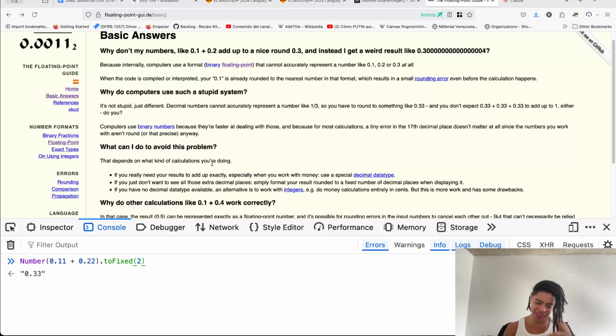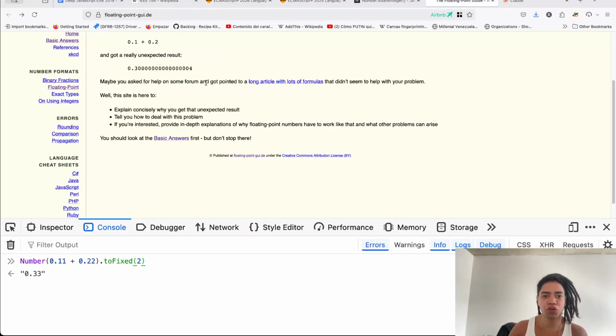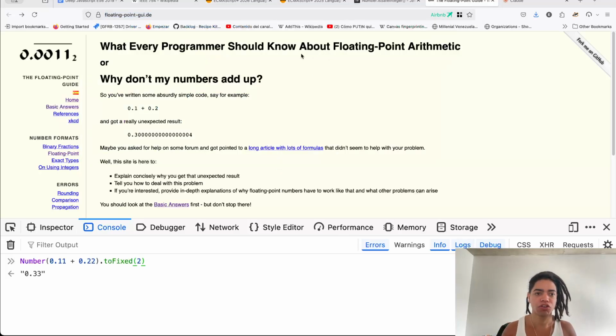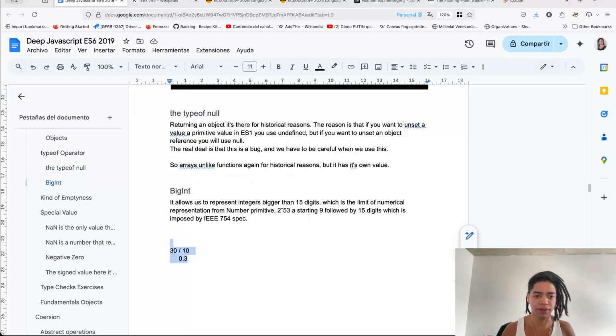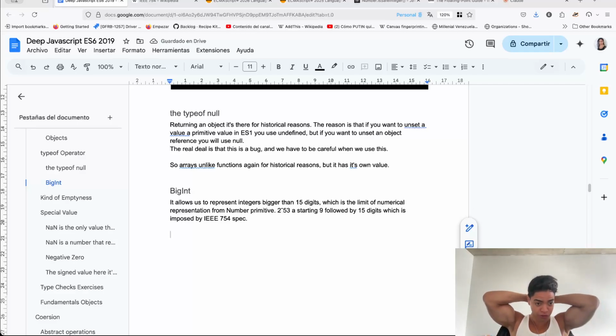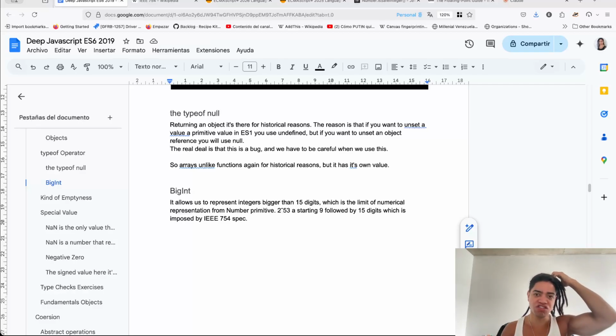Okay, so we get it. So this is BigInt. BigInt allows you to represent integers bigger than 15 digits, which is the max safe limit of what the number type allows to represent, or 2 to the power of 53. It starts with a 9 followed by 15 digits, which is imposed by the IEEE 754 spec.